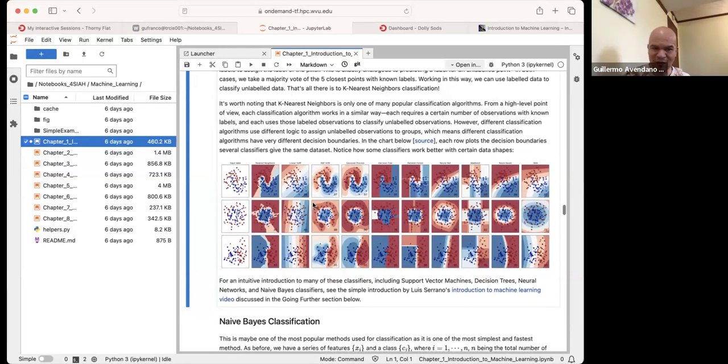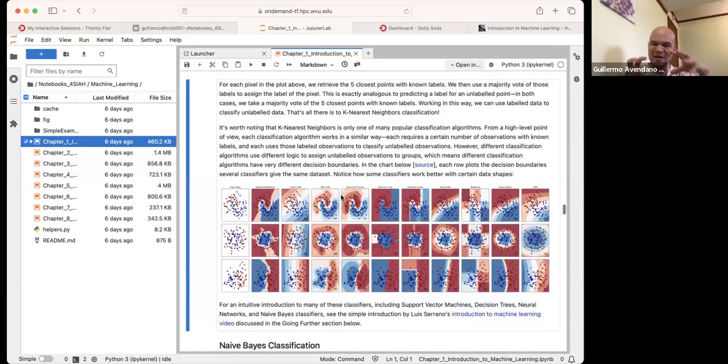So you see, for example, when you can really geographically or geometrically separate the elements with straight lines, there are linear methods that are really good for that. So that is, for example, the case here.